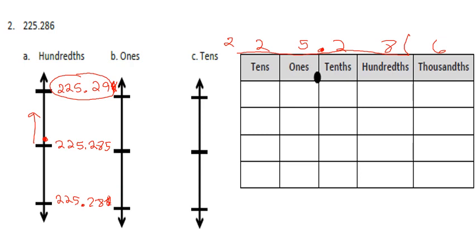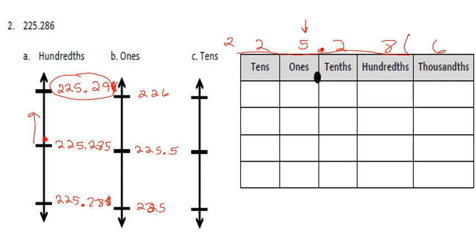Now the next one says ones. If I come back over here, I can see that I actually have 225 ones. Now one more one would be 226 ones. And then in the center, I would end up with 225 and 5 tenths.